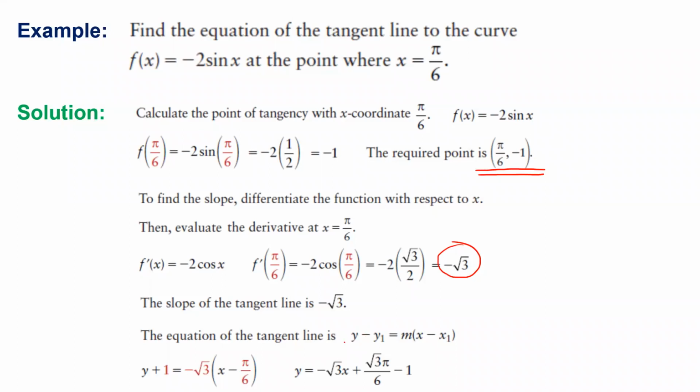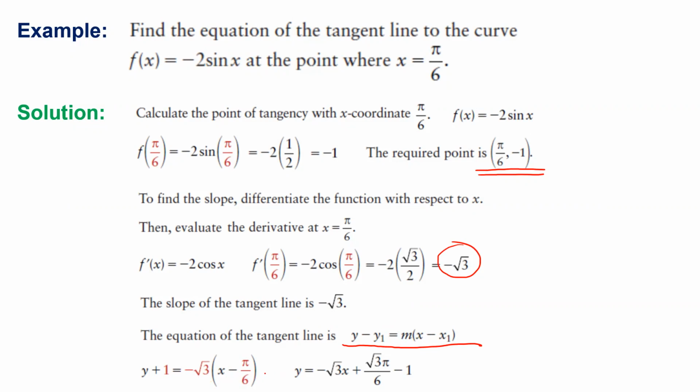Then the point slope form of this tangent line is y minus y1 equals m times x minus x1. So (x1, y1) is the point, it's a tangent point, right? It's the point on that line. And m is the slope of that line. So we insert these values in that equation. So that gives us y plus 1 equals negative square root of 3 times x minus a sixth pi.